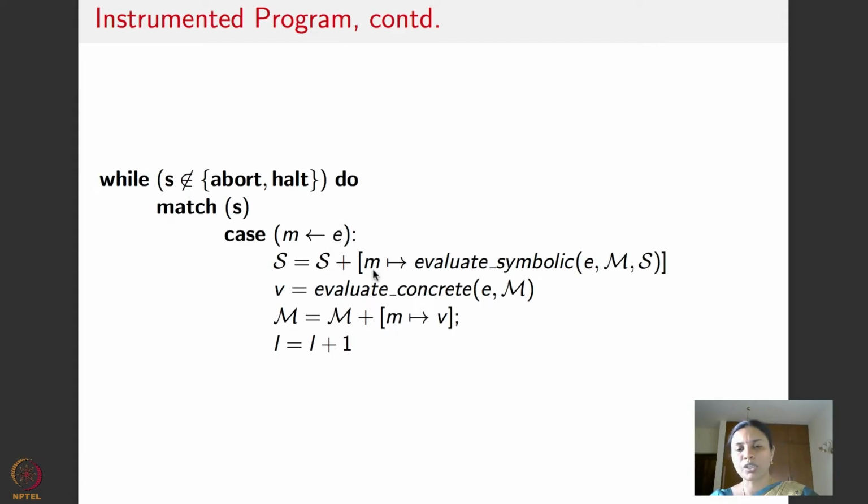So the memory location for m is updated after evaluating symbolically the expression e with the memory location capital M and the symbolic set of expressions S. It also needs to evaluate the expression E concretely, because you don't know when in the future it will have to substitute. So it will evaluate it symbolically, it will evaluate it concretely, it will update the memory location, and it says I finished with this statement, so it will update the program counter to 1.